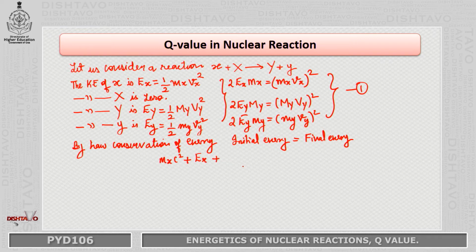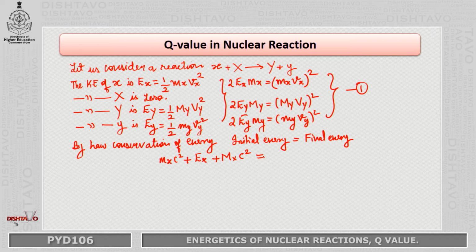This is of the particle which is bombarded onto this target nucleus. This target nucleus has kinetic energy 0, but it has rest mass energy, and that will be say mX c square. Now this was the initial energy.